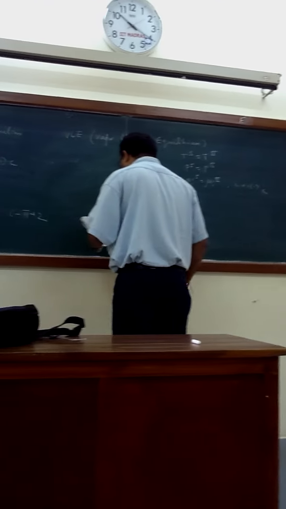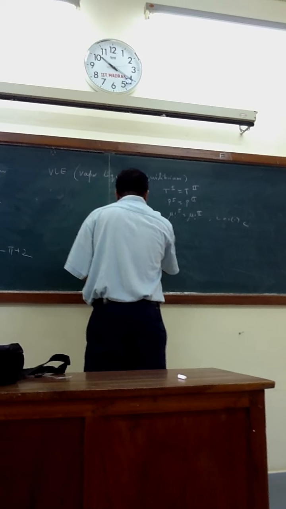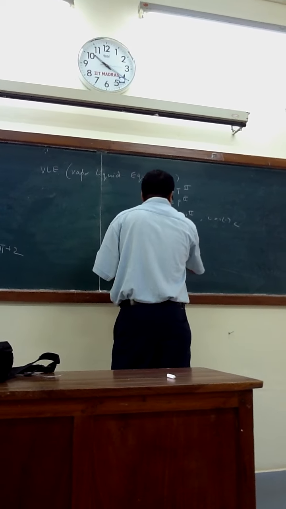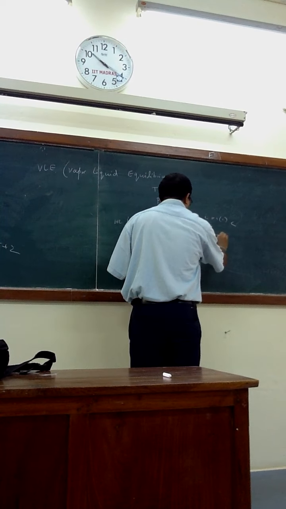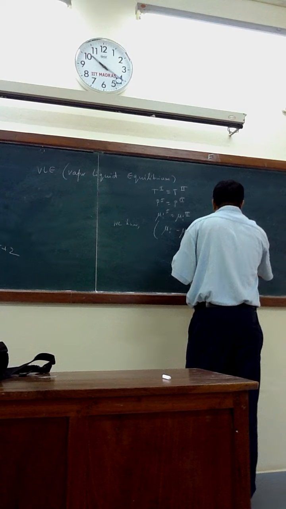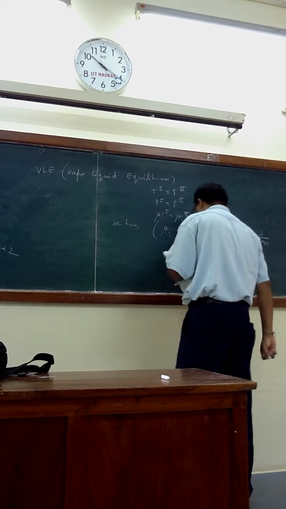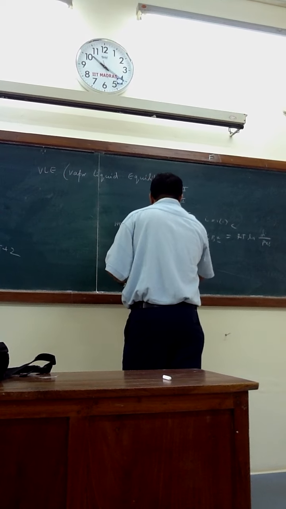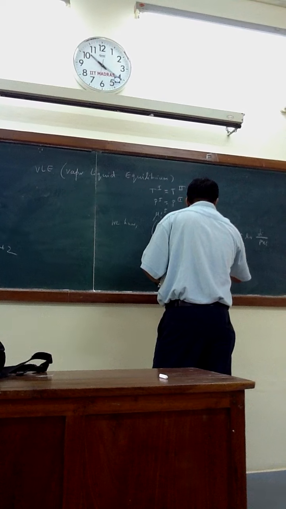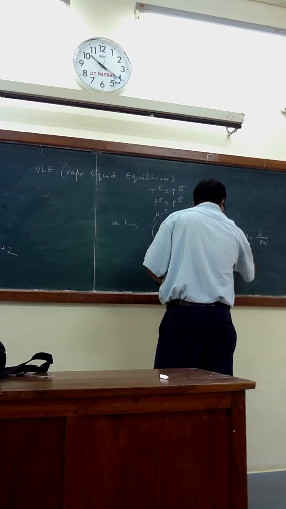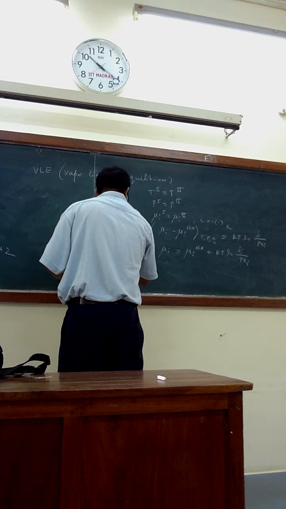So we know that μ_i minus μ_i^IGM(T,P,x̄), which is the definition of fugacity, equals RT ln(f_i/(P x_i)). And so μ_i equals μ_i^IGM plus RT ln(f_i/(P x_i)).